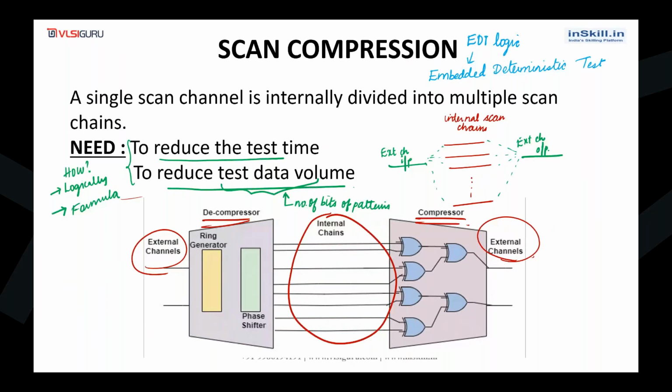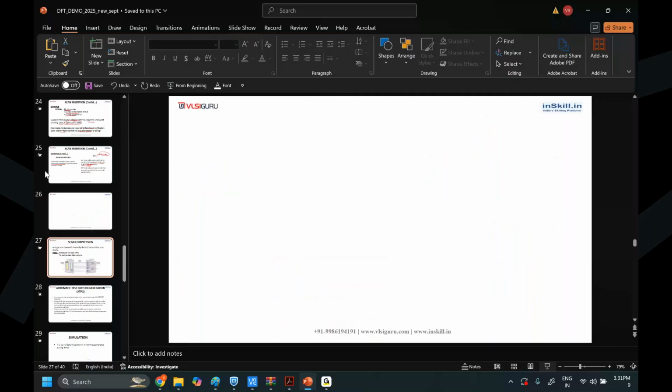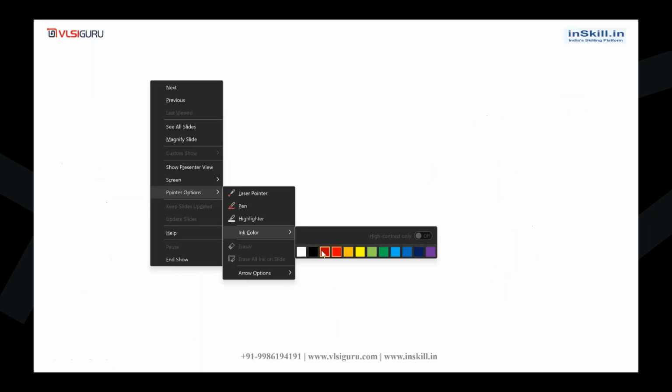As a part of the scan compression topic, what are all the things we'll be covering? Topic 2 is scan compression. In scan compression, first we will try to understand what is scan compression and what is the need of scan compression.